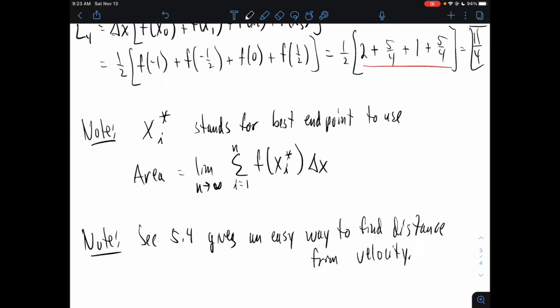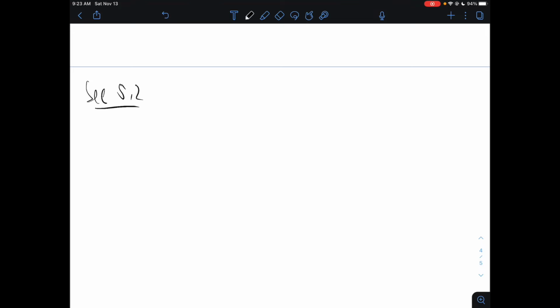But once we get through 5.2 and 5.3, we start to see what that easier way is. So let's move on to section 5.2, where we learn what is called the definite integral.